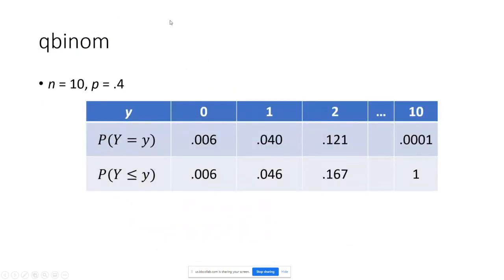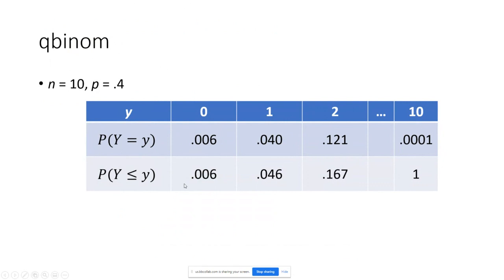And to show how qbinom works, if we use n equal to 10 and p equal to 0.4, here's a table of the probabilities that y equals little y for 0, 1, 2, up to 10. We would generate these using dbinom. And then the second row is the probability that y is less than or equal to little y.